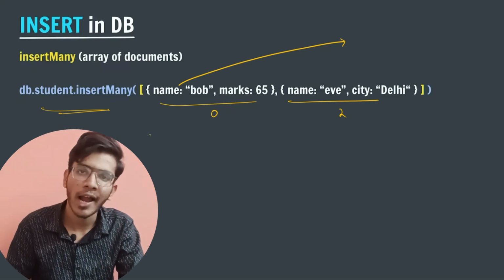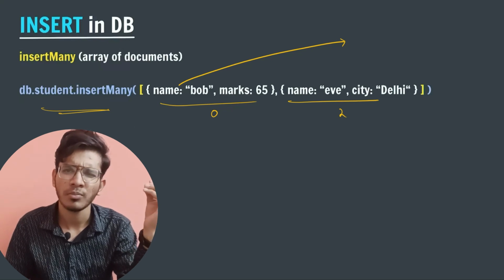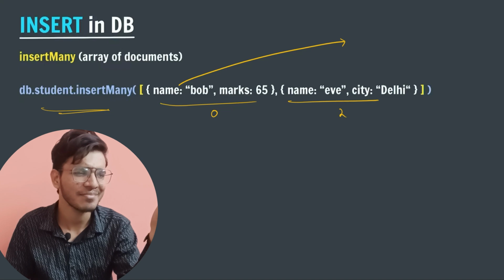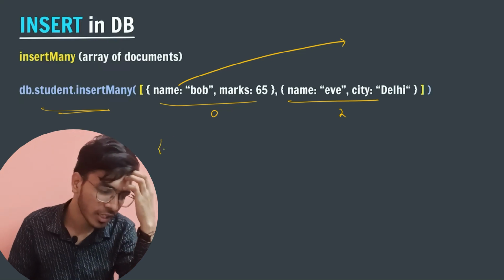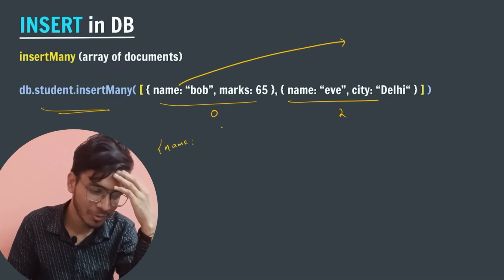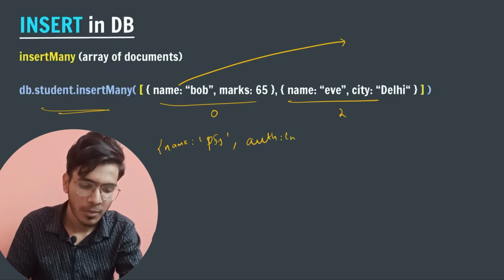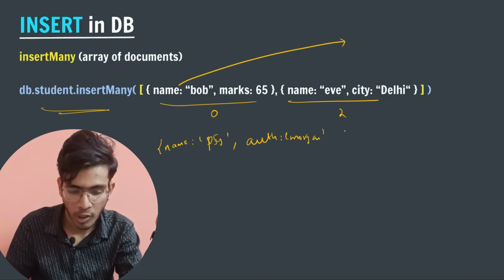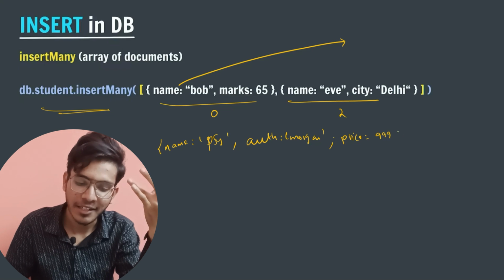Let's say I want to add a book by Morgan Housel. I'm bad with names, but let's say I want to insert Psychology of Money, and the author is Morgan Housel, and the price is, let's say, $9.99.